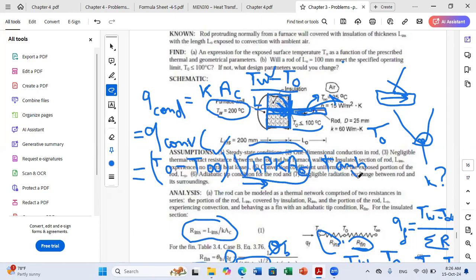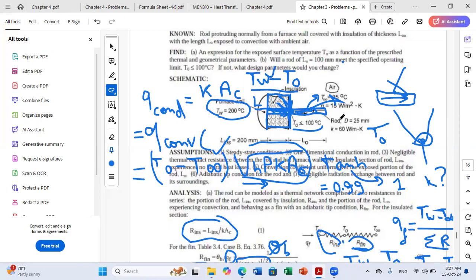So tanh will tend to 1, okay? And of course, it will tend to 1 at infinity. So I can take what value of length L will give me tanh equal to 0.99. Okay? So I solve for the length L exposed to the outer environment that will give me tanh equal to 0.99.